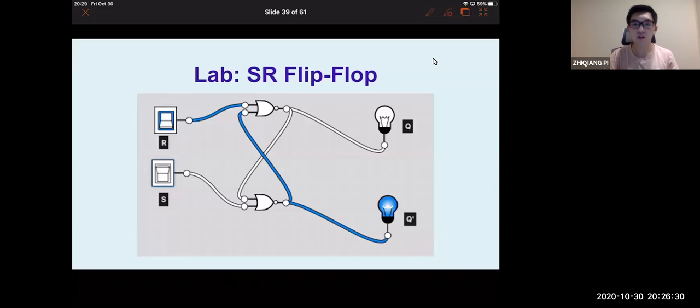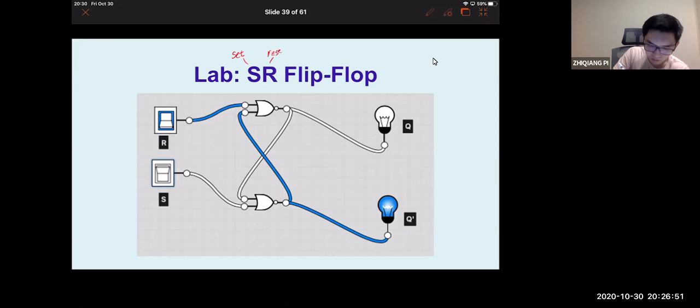Now, let's move on to the main topic, the SR flip-flop. Before we actually get into the circuit, let's just explain the name first. S stands for set, as we're setting a bit to 1. And R is the reset, which represents resetting that bit back to 0.